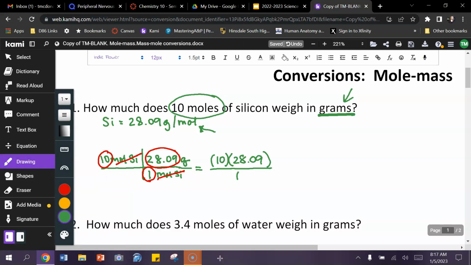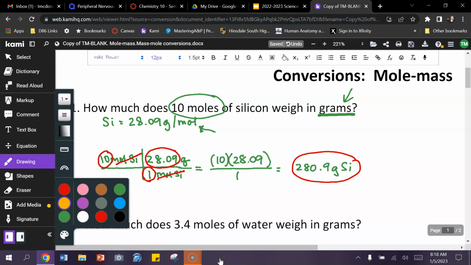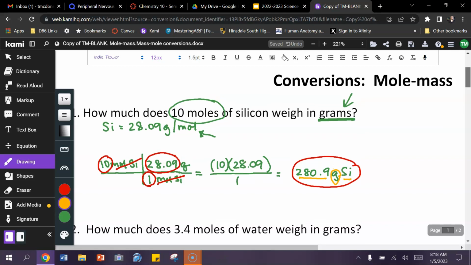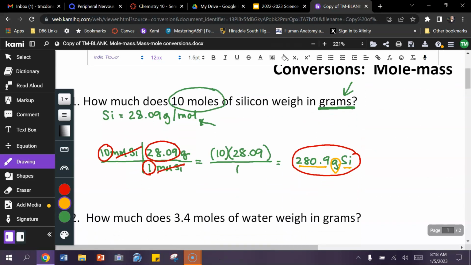Since it's 1 on the bottom, all I have to do is multiply 10 times 28.09, and when I do, I get 280.9 grams of silicon. And this is your final answer. In every answer, you need to have the number, the unit, and the compound that we're looking for in the problem in order to get full credit. So this would be a 3-point problem.